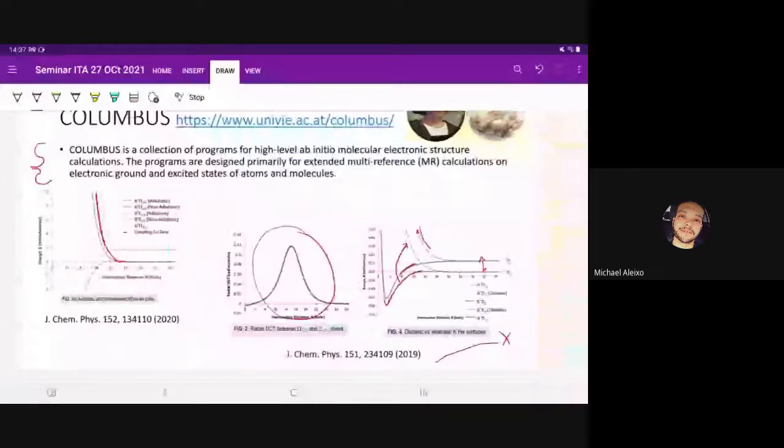And while Columbus, as it is now published, can deal with spin orbit wave functions, and it can calculate derivative coupling terms, it cannot currently calculate the derivative coupling terms of spin orbit wave functions. So this is something we have added to kind of an experimental version of Columbus that we have in the United States.